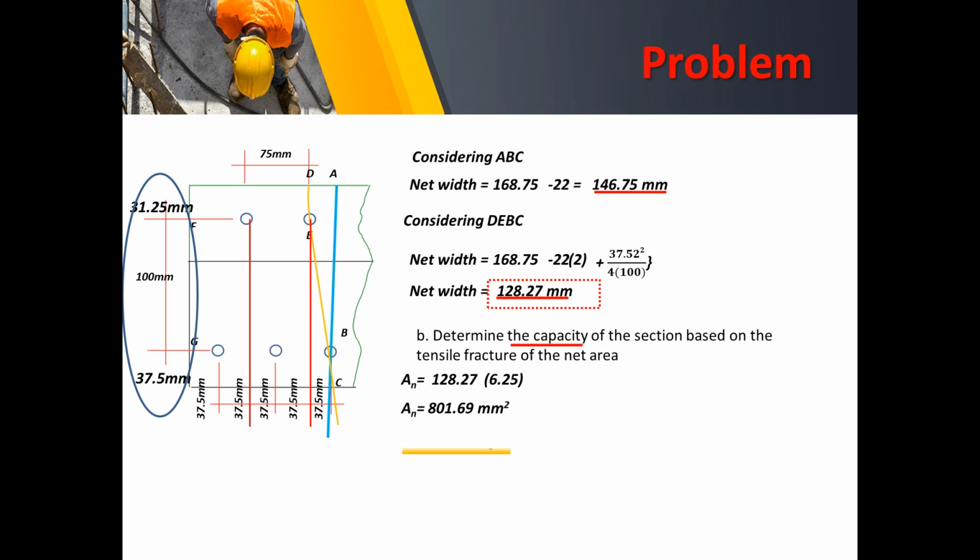Now in ASD, we are familiar with this: for fracture, we have 0.5 Fu times Ae. Notice that the multiplier here should be Ae, but in the problem, we consider the net area. So therefore, we do not need to multiply a reduction factor U to get the net area. We'll just stick with An, or the net area, in this special case.